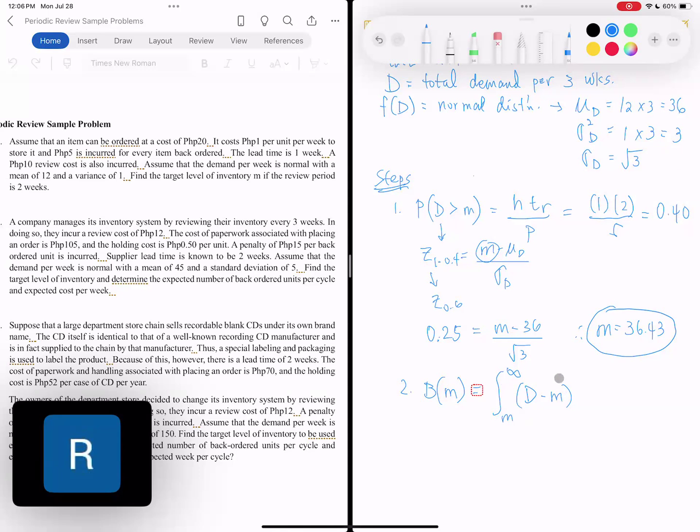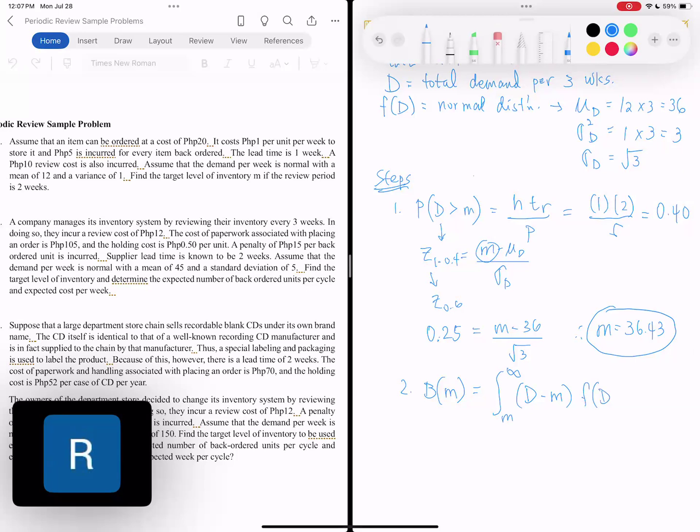Because if it's lower than your target level, then you would have enough inventory to satisfy the total demand for that whole cycle. And that's why you integrate, you add up all the values of capital D from M to infinity for you to have back order. So that is capital D minus M.